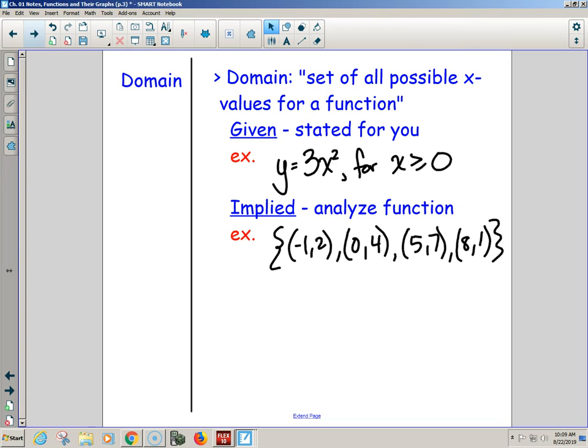Question. What's the domain of and what's the domain of? I usually show domain with D and a colon.